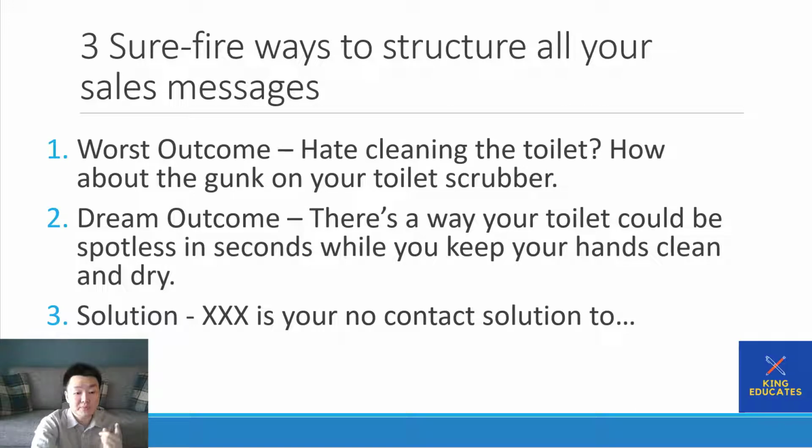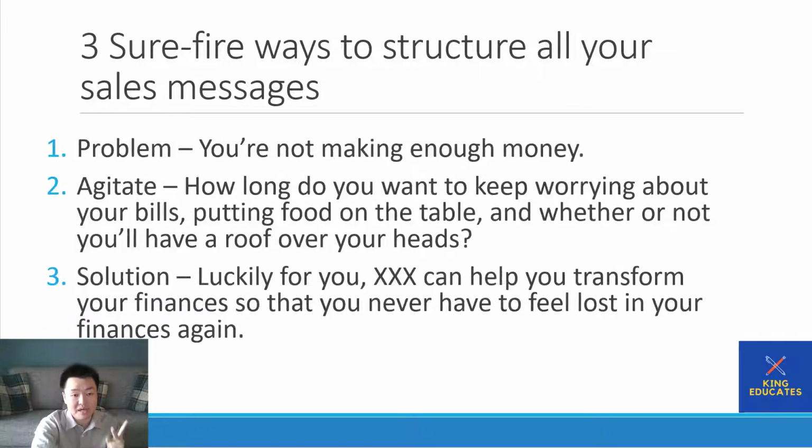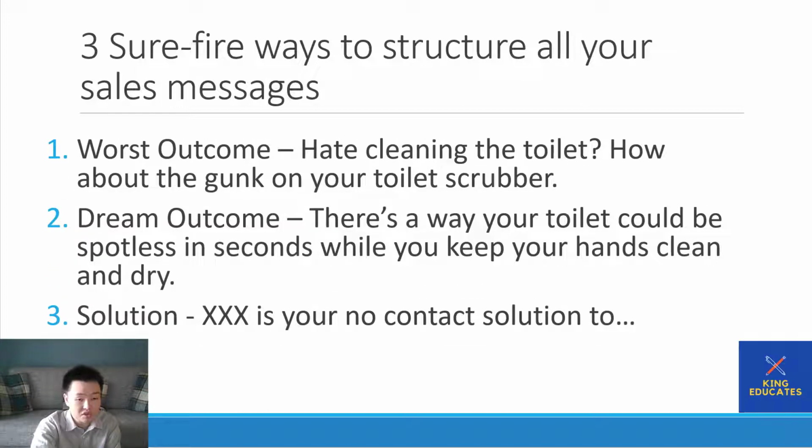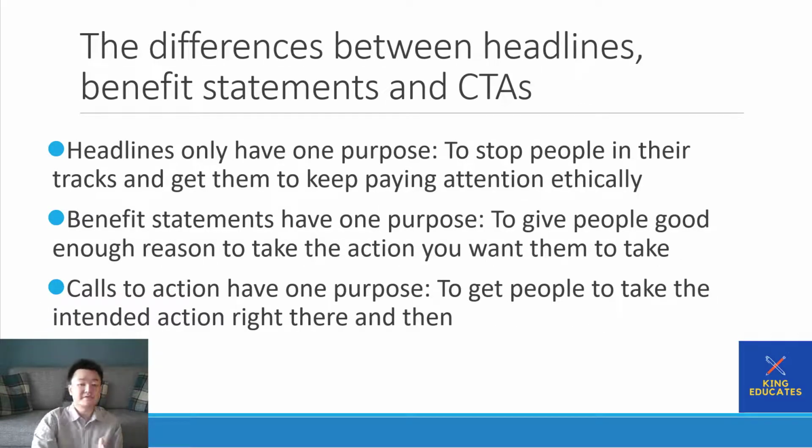And then we can change part 2, the dream outcome, the benefits, the agitations, into bullets, or benefit statements that include these agitations. And then part 3, for a call to action, we include our solution, right? So whatever our solution is, we include that as a part of the call to action. Okay, so keeping that in mind, here are the differences between headlines, benefit statements, and CTAs.